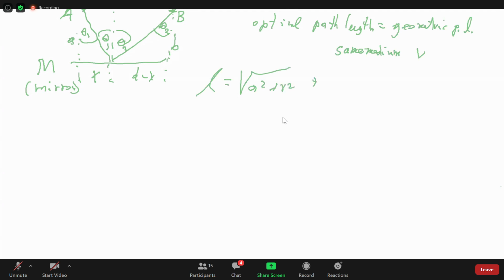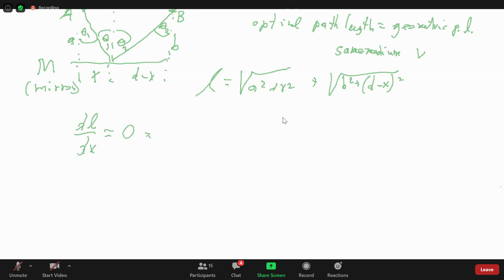plus the square root of b squared plus quantity d minus x squared. And then we take the derivative dL/dx, x being the variable here, and set it equal to 0.